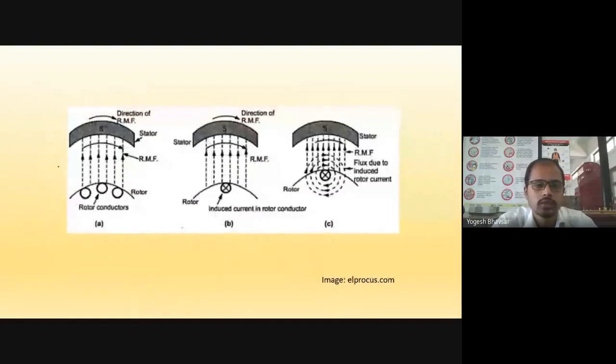Again we can understand it by these diagrams. So here the direction of the rotating magnetic field, for example, it is setting up the S pole. These are the rotor conductors inducing EMF due to this rotating magnetic field. Then as the rotor current is induced in the rotor conductor, it is denoted by the cross convention. So this rotor conductor will set up its magnetic field, it will be in clockwise direction.